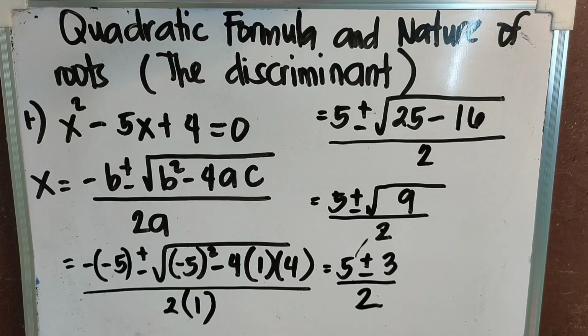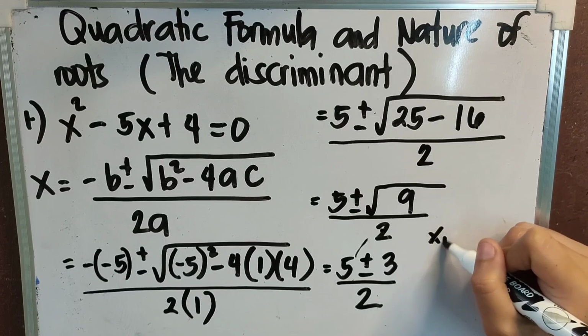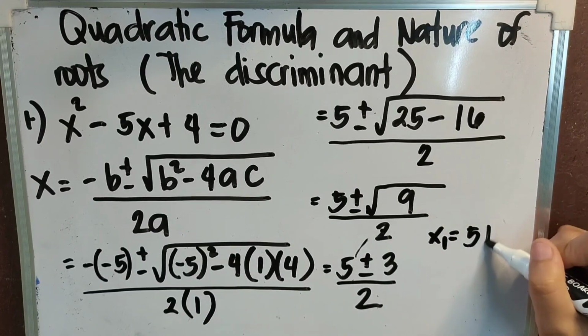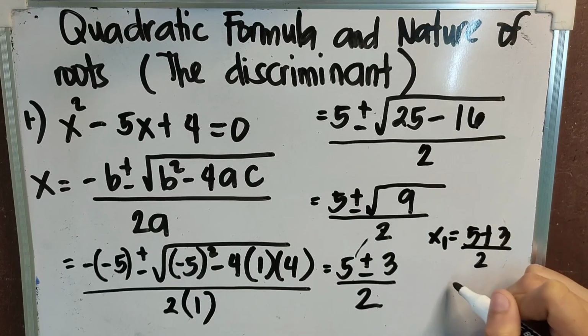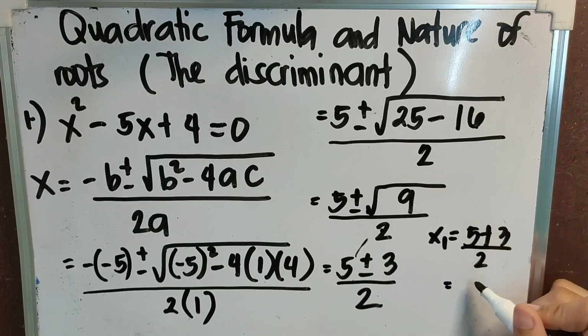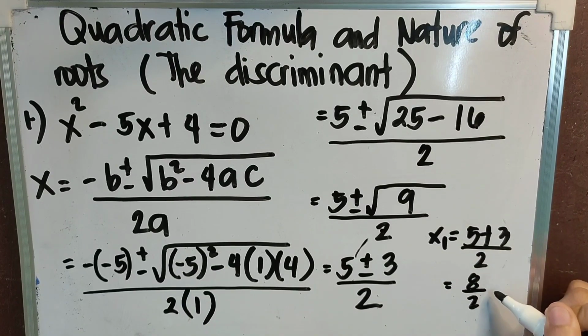Your x sub 1 is 5 plus 3 over 2. So we have 5 plus 3, 8 over 2. The answer is 4. That is your x sub 1.